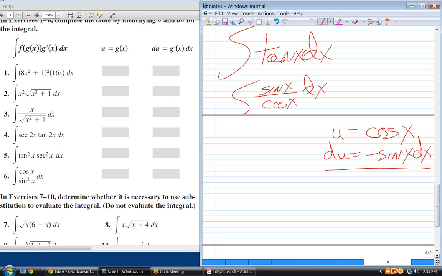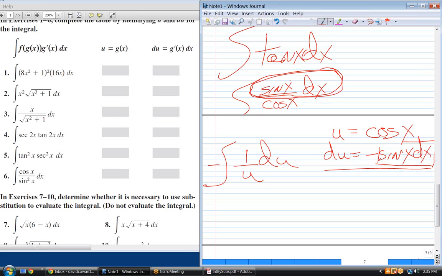So all I have to do is search someplace in my integral for that. And I found it. I've got it right here. So I can immediately say 1 over u, and I'm looking at sine x dx, and that's equal to minus du. So there's the minus sign, there's the du. In other words, I actually saved a couple of steps by recognizing that in my integral, I'm looking at du.